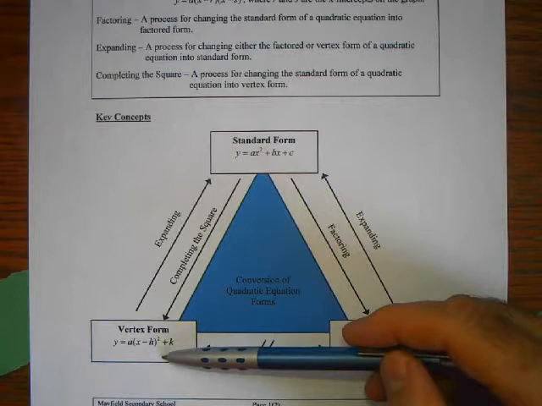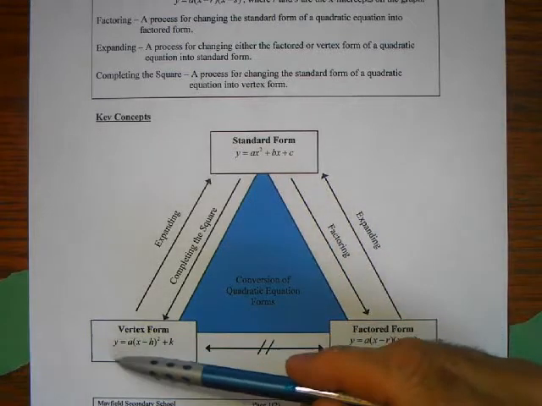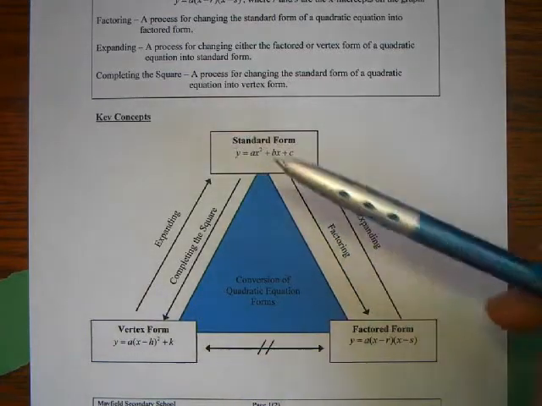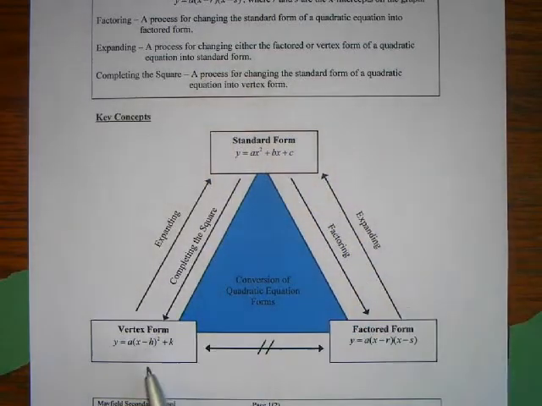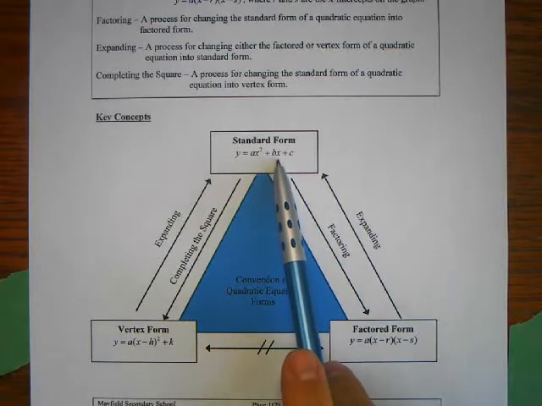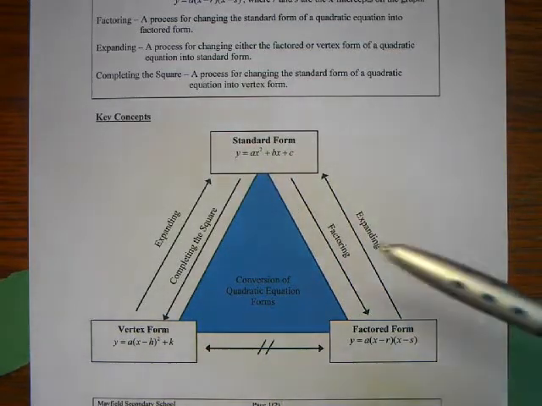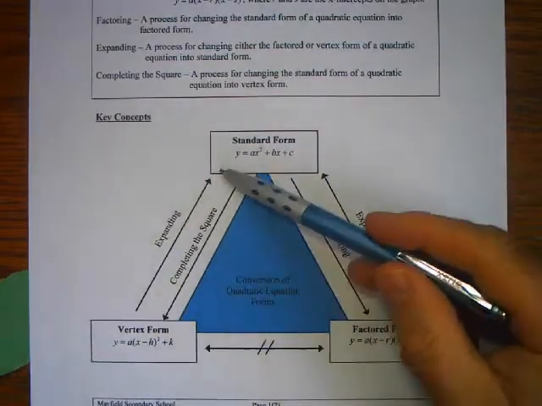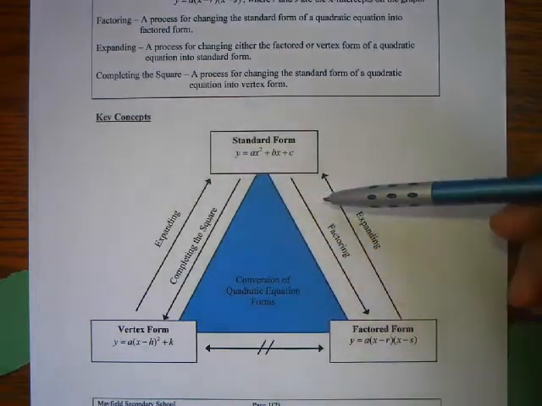If I gave it to you in vertex form and I wanted you to create standard form, you would just expand this. Okay, and I'll show you an example of that later on. But you basically take the x minus h, you square it, and then you multiply by a, and then you add k, and you come up with a standard form version. So that's expanding, going from vertex form to standard form.